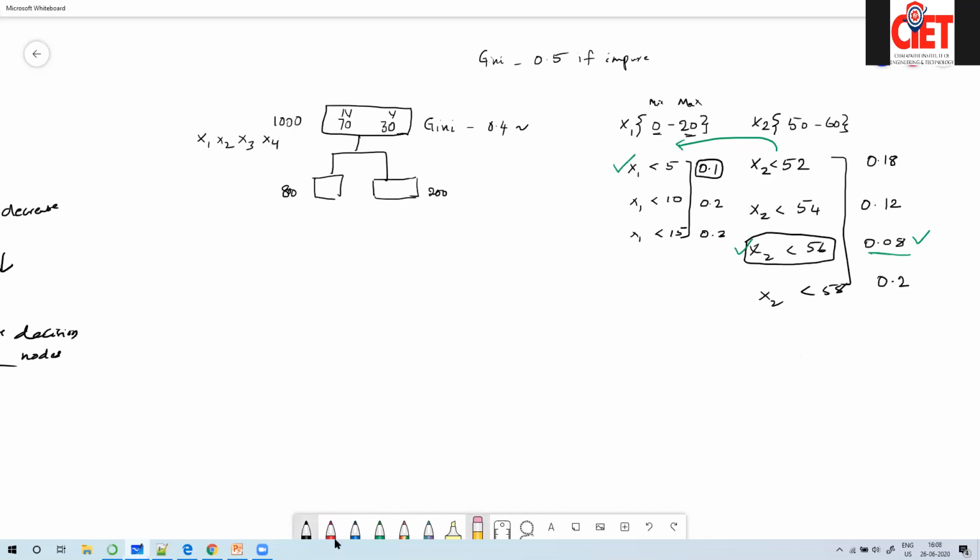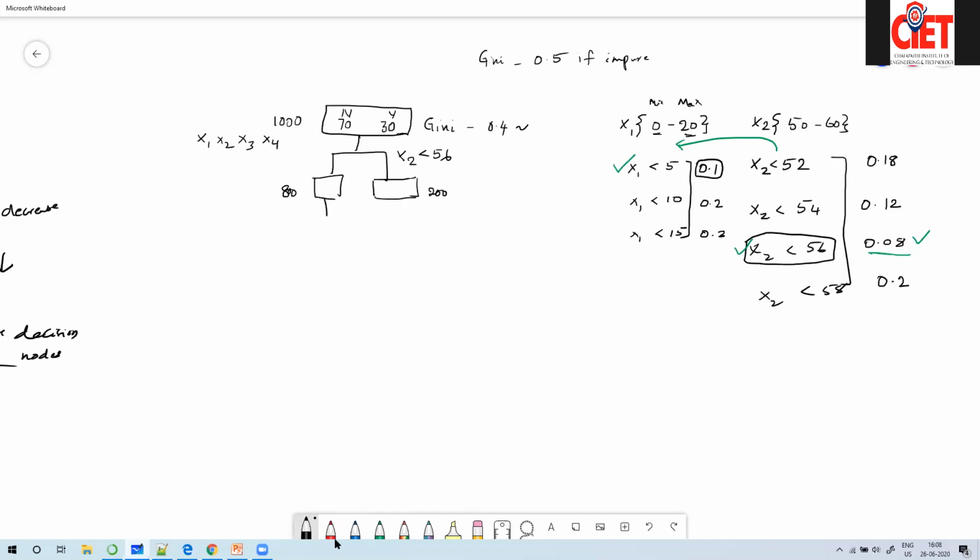So the first root node split is based on x2 less than 56. Why? This is the one, out of all the variables, that is giving you the maximum decrease in Gini, and that's why we are using that variable to split the data.